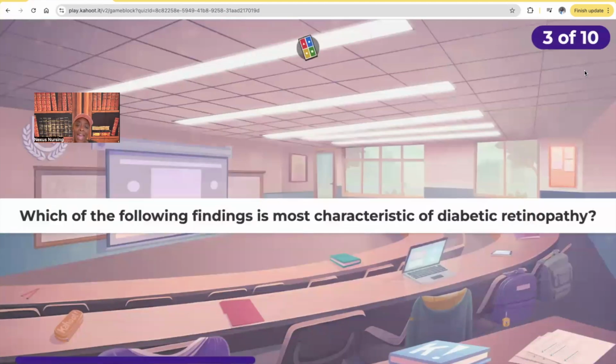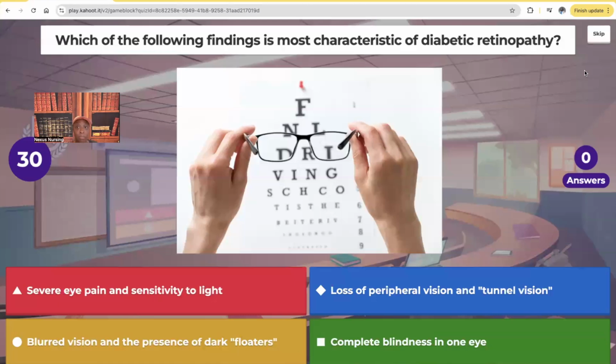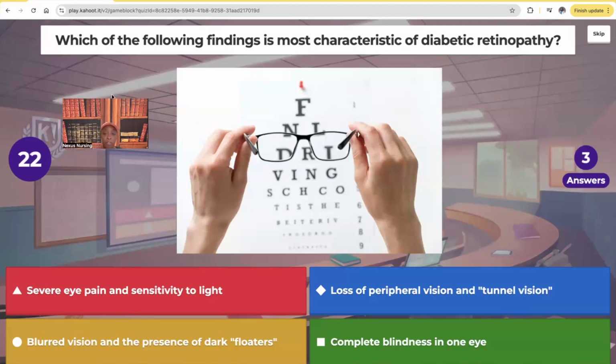Which of the following findings is most characteristic of diabetic retinopathy? Here are the options: severe eye pain and sensitivity to light, loss of peripheral vision and tunnel vision, blurred vision and the presence of dark floaters, or complete blindness in one eye. We're talking about diabetic retinopathy.